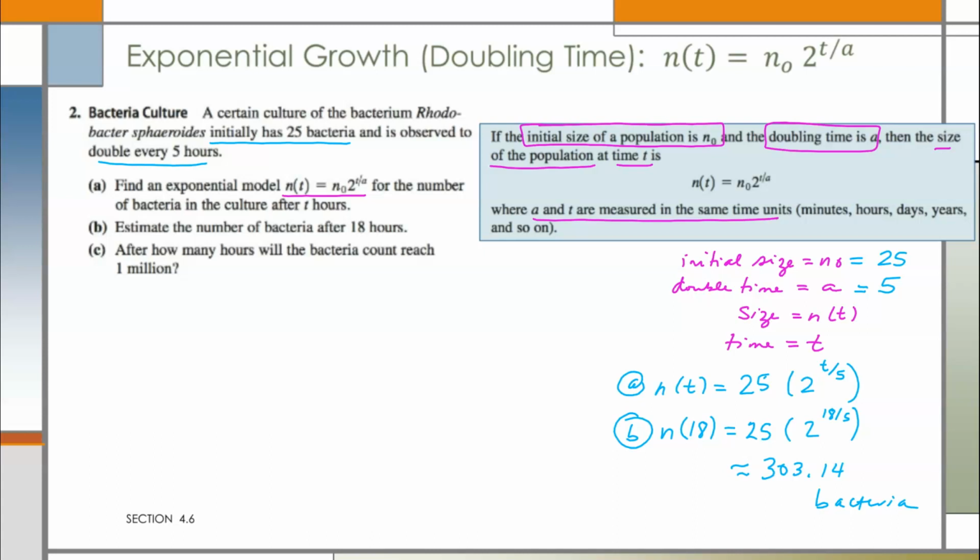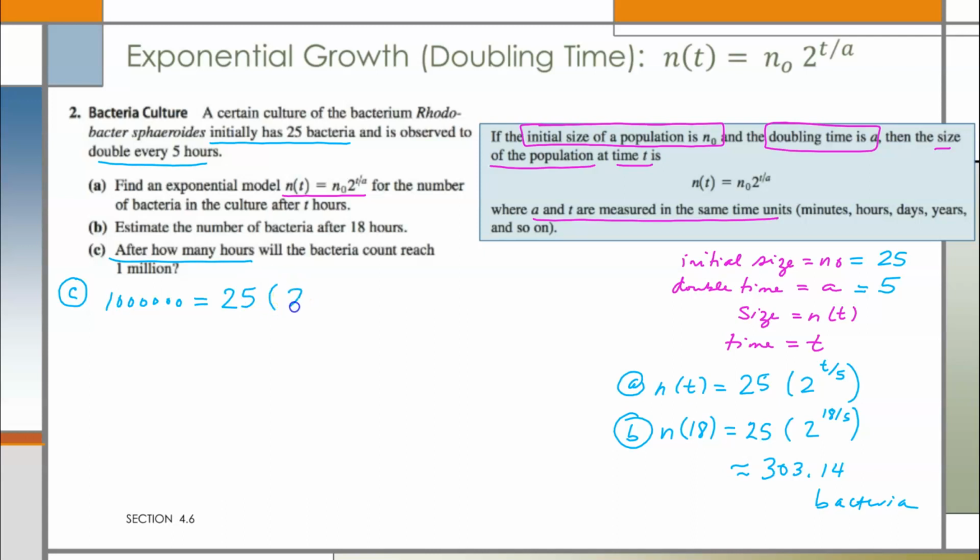Okay, part c asks after how many hours. So in words, that would be find t. After how many hours will bacteria reach a count, so that's N(t), of 1,000,000. So the count is 1,000,000. n sub 0 is still 25.